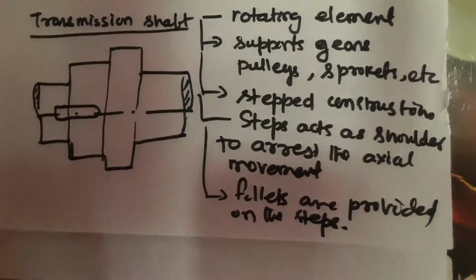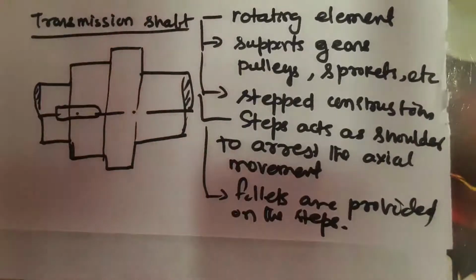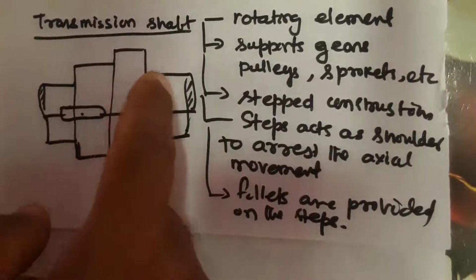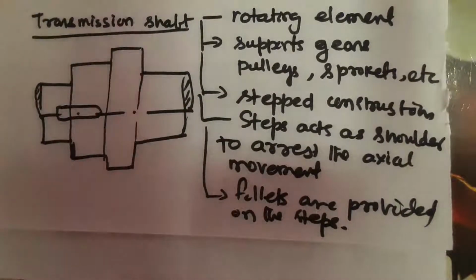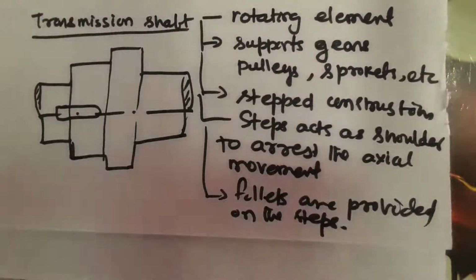Right, so this is usually made in stepped section, so that, suppose a pulley is there and it is going to rest on the shoulder, and the sprocket is there and this sprocket is going to rest on the shoulder.